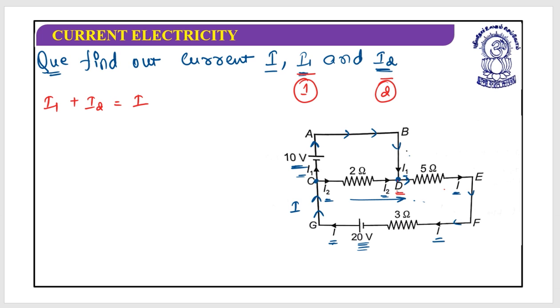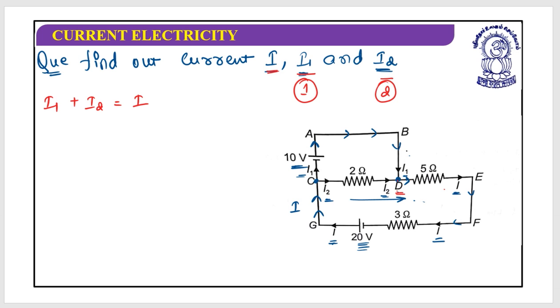If we are able to solve for these two values, I1 and I2, we can easily get I. It is just the summation of these. So at least we must have two relations, and if I have two relations, I can get it done. I hope these things are clear.